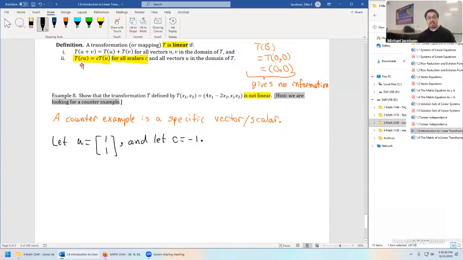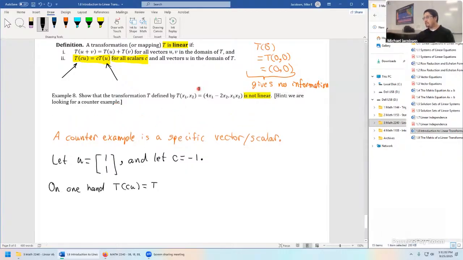Step 1 was to pick your scalar and your vector. Step 2 is to look at both sides of that equation. So let's say here, on one hand, I'll look at the left side first. T at c times u is equal to t at, maybe before I get too far along, let's reformat this one as T of x equals T of (x1, x2) equals (4x1 minus 2x2, x1 times x2).